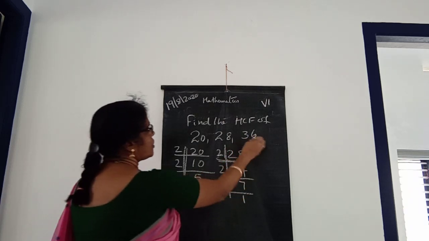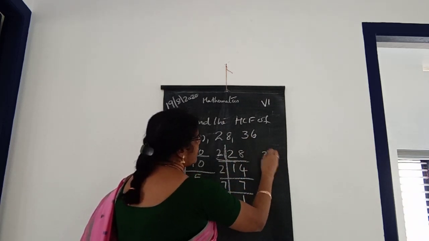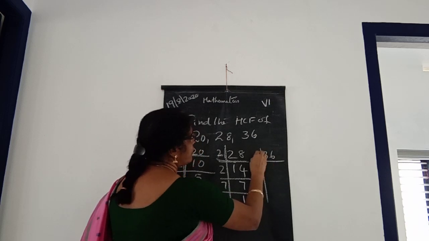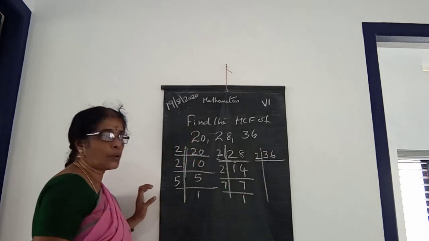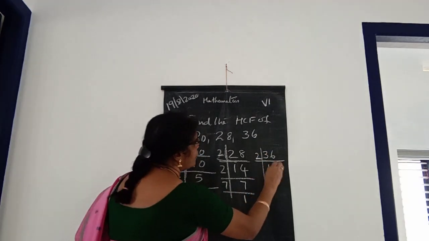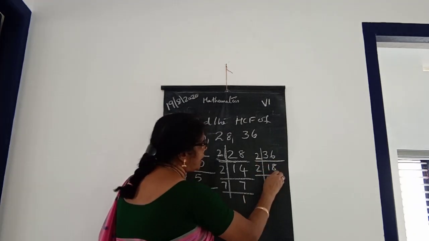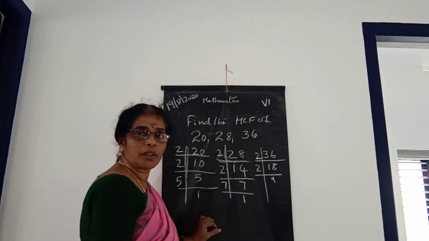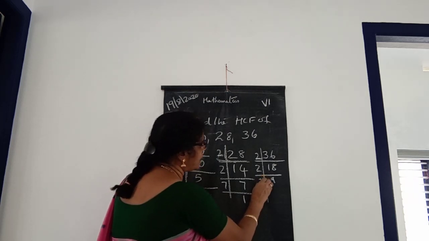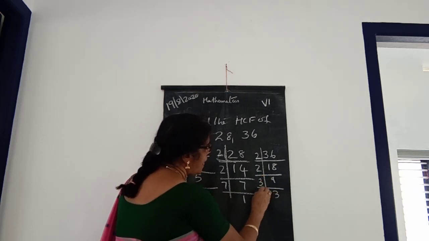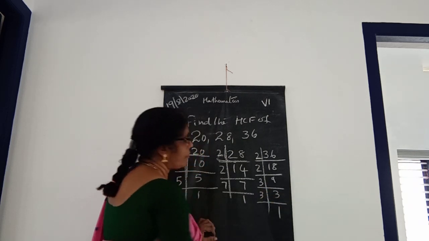Then we can take next, 36. In 36 we can take the small number 2, and 2 goes 18 times in 36. And that 2 again goes 9 times. In 9, 2 is not going, so we can take 3. 3 times, and 3, 1 time.